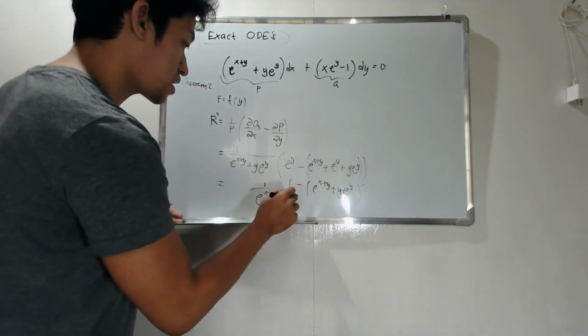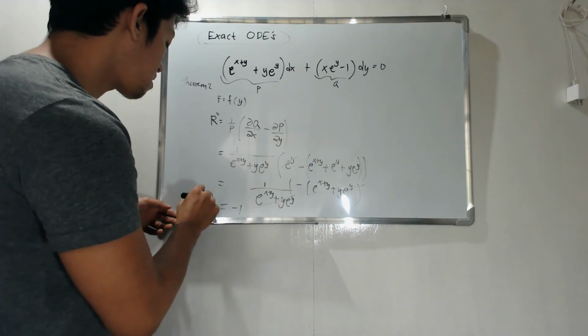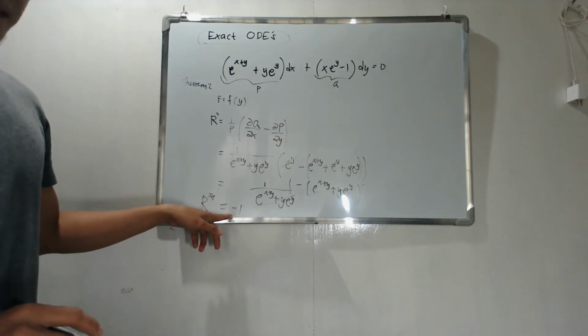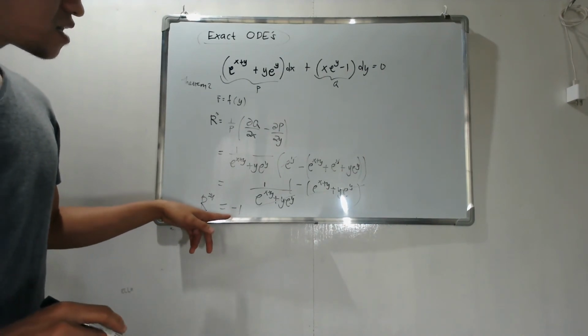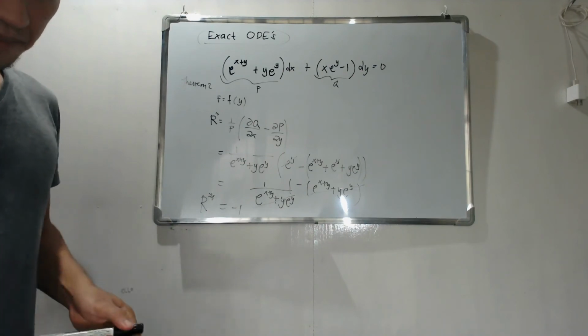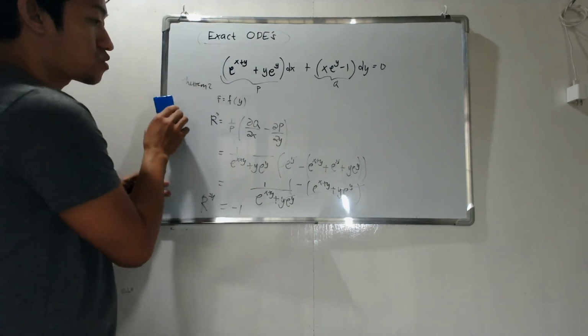Therefore, it cancels out also. This is equal to negative 1. Is it a function of y? No, but it is a constant. It is still fine as long as there is no x. Therefore, theorem number 2 can be applied.